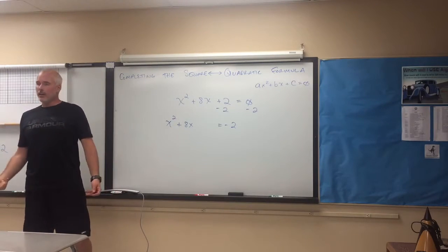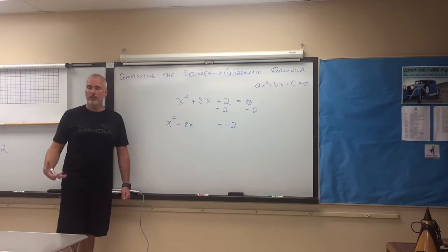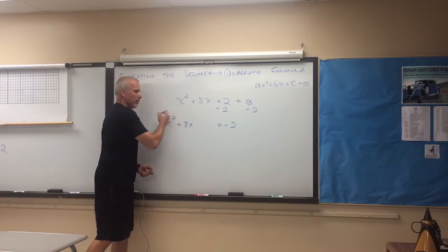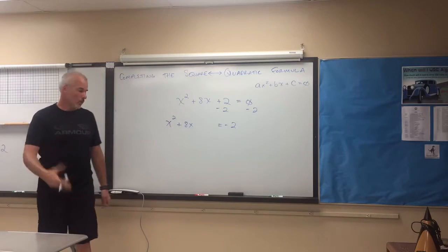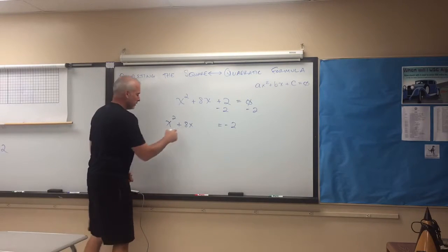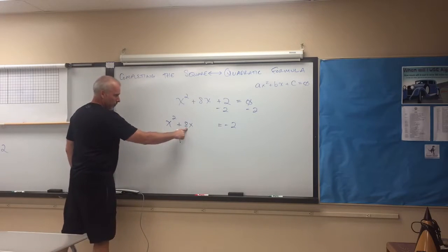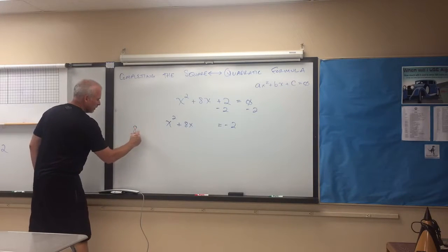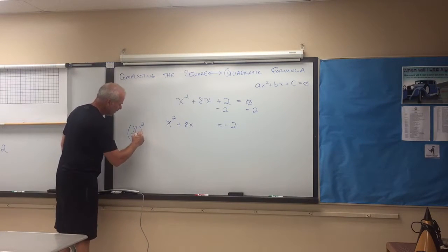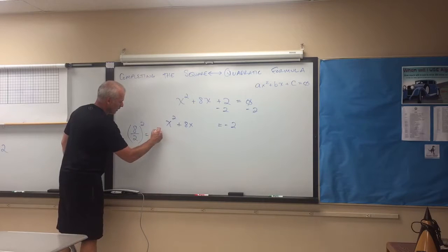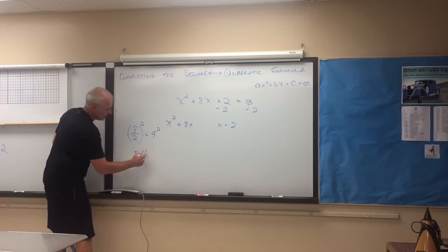So now how do I actually go about completing the square? How do I turn this side of the equation into a perfect square? I'd wait for a response, and it would be yes. I take my b term, which is 8, and divide it by 2. b over 2 squared. That's going to be 4 squared, which is 16.